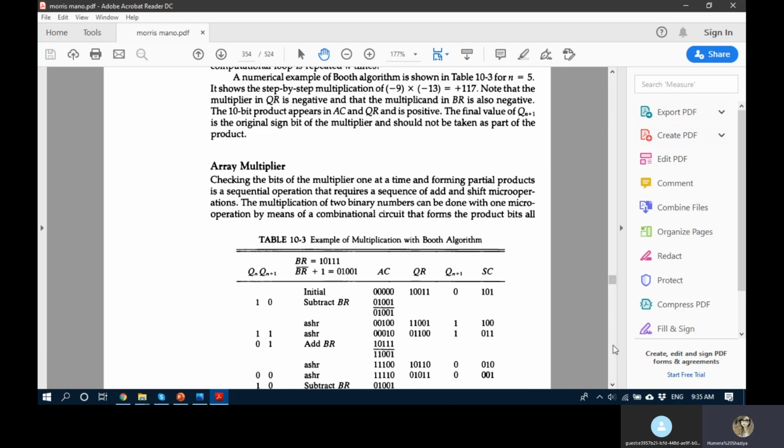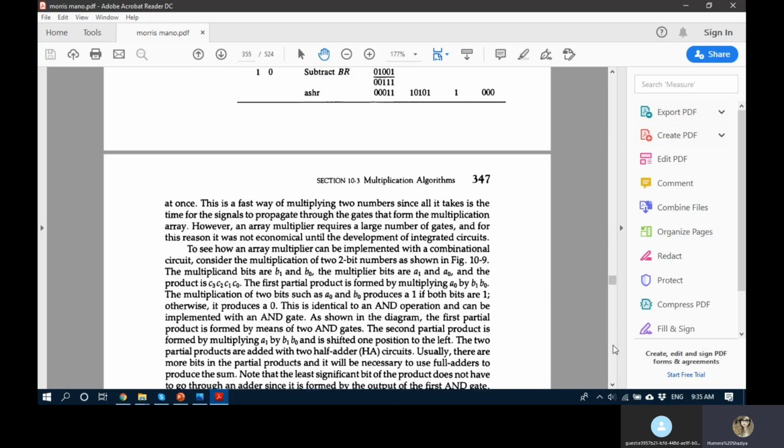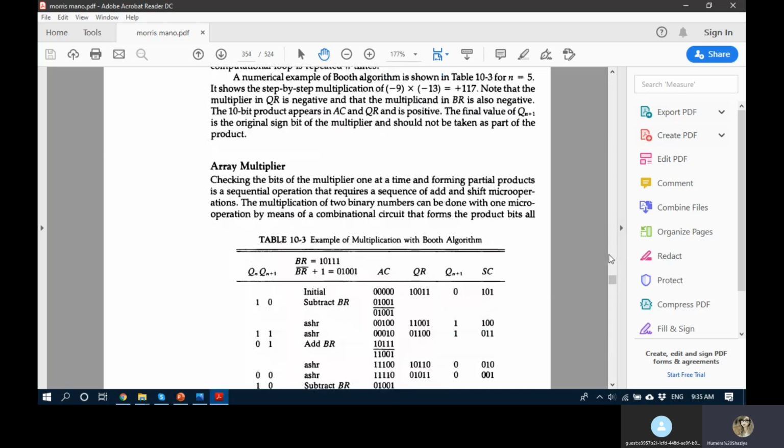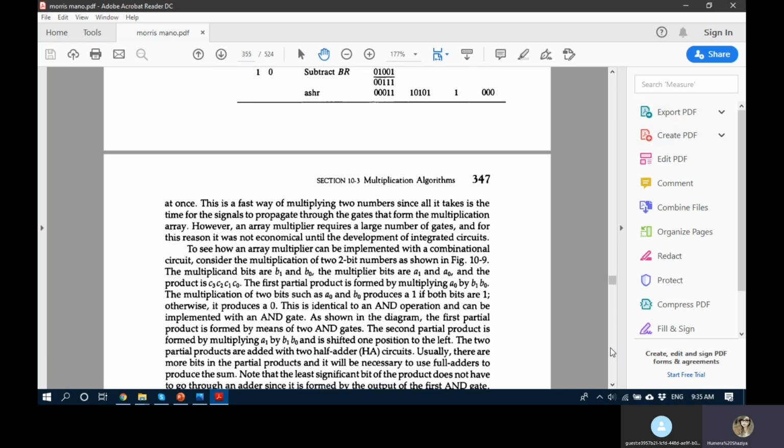Instead of doing it sequentially, it's better to perform in parallel, because when you do it in parallel, the performance will get improved.